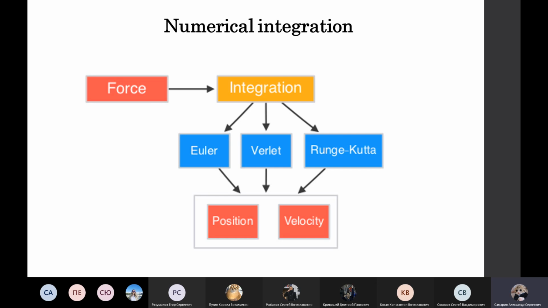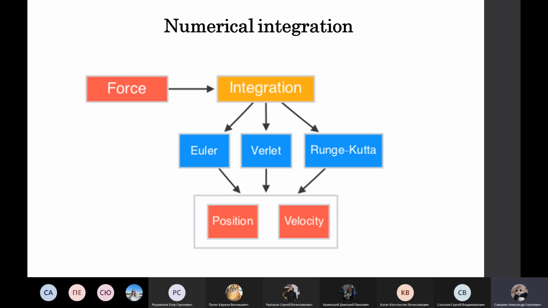There are several numerical integration methods used to solve this equation, and the most common are Euler's method, the Verlet methods, and the Runge-Kutta method. The Euler method is simple to implement, but is the least accurate. And the Runge-Kutta method is difficult to implement, but it's the most accurate.